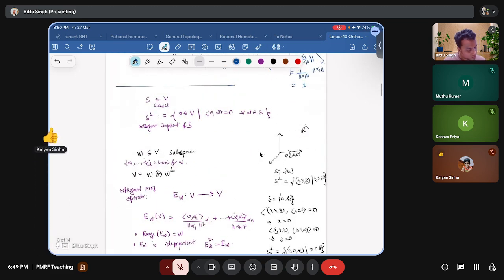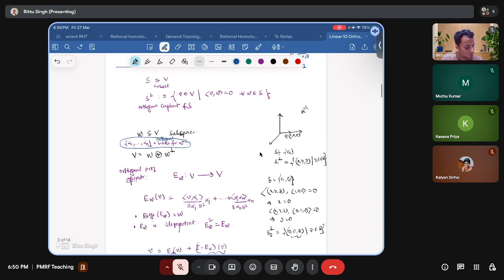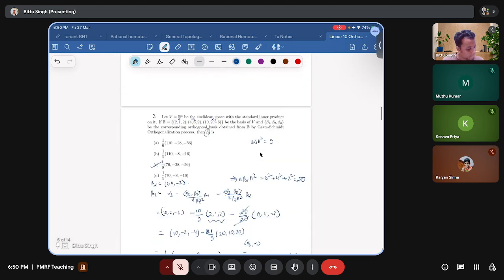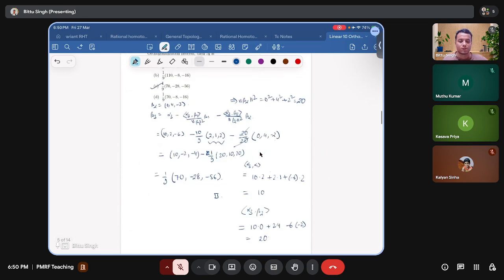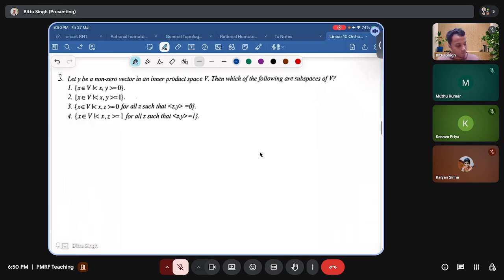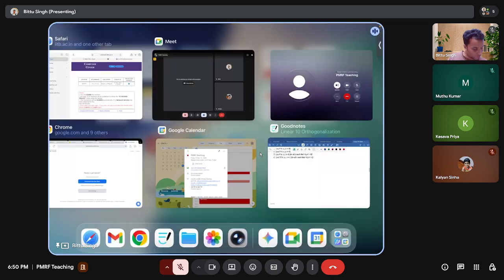Yes, here we also need to pick an orthogonal basis, otherwise the same kind of issue will arise. This is what we need to do. Just a minute. Just look at the next problem.